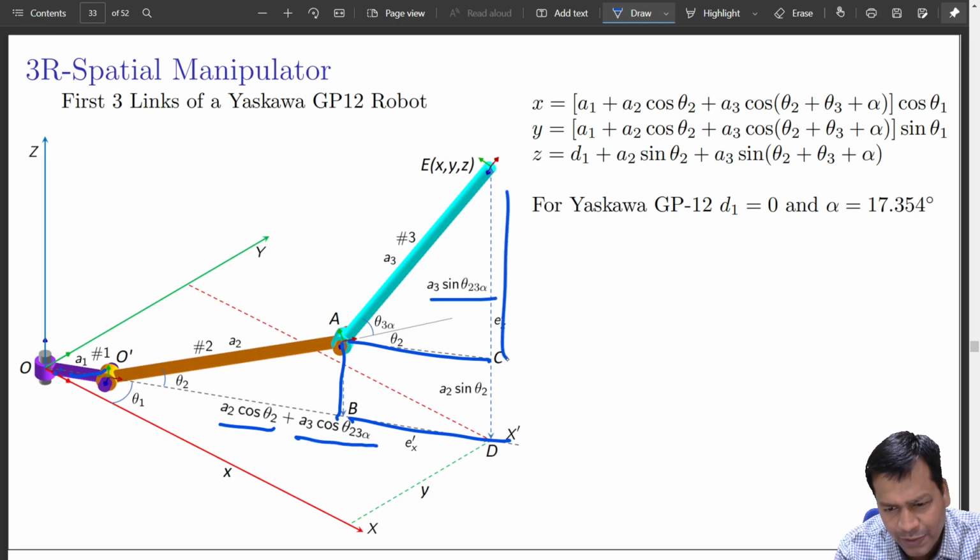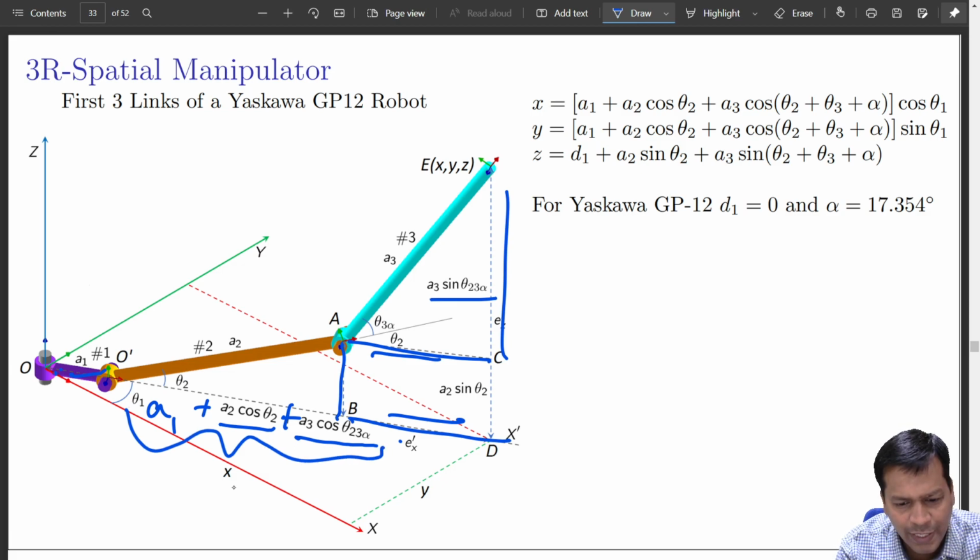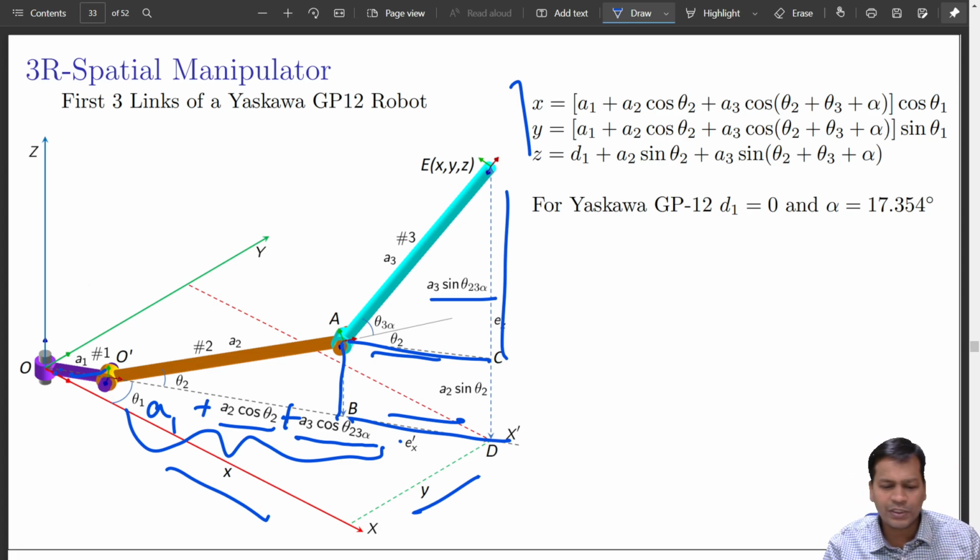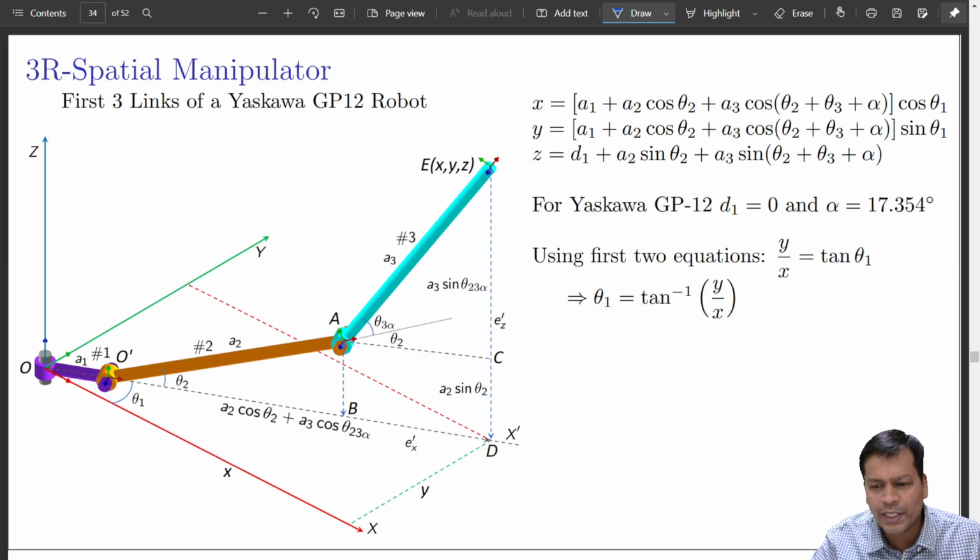If this is sine, this is cosine, and the same is this. So I can simply take the sum of that. So it is this much, and cosine of that and sine of that. So by projection, I can simply obtain x, y, and z. Hope you have got till here. Now I'll simply do the rest of the things.